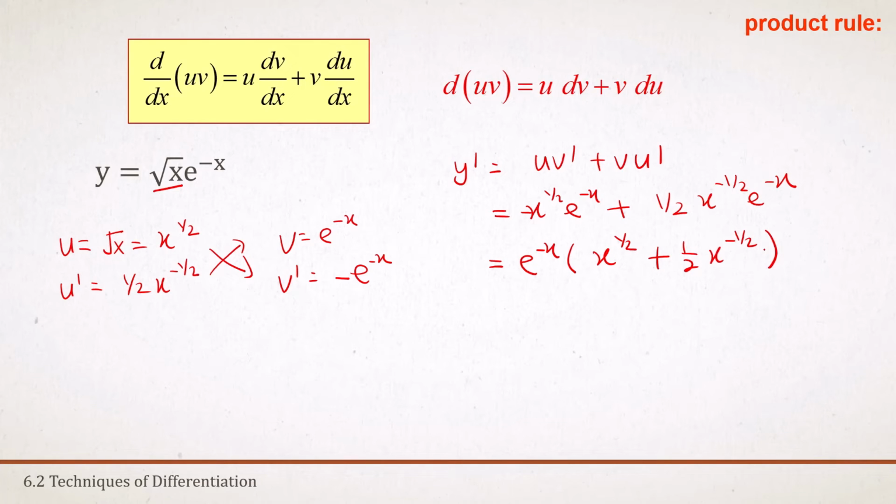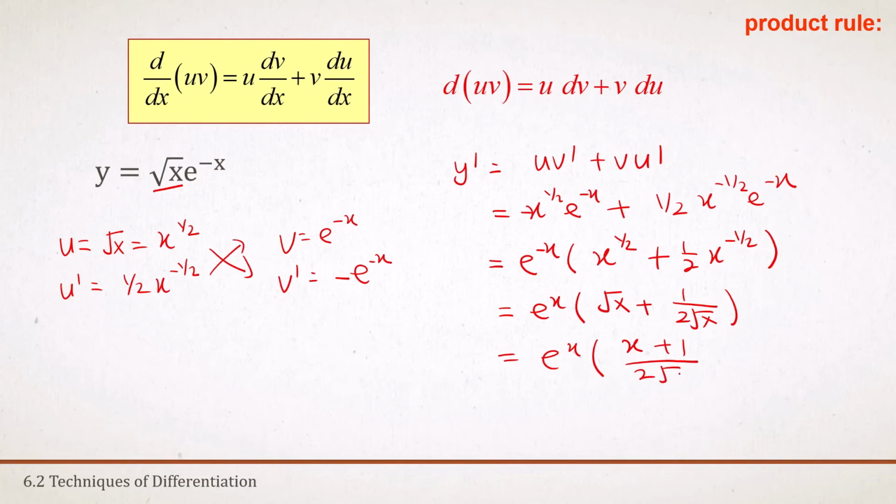Maybe some of you are more interested in this: normally the book will not leave your answer in this way. What they will do is further expand it. So this one is sec x plus 1 over 2 sec x, and they will equate the denominator, and finally they will give you the answer e to the minus x over 2 sec x times x plus 1.